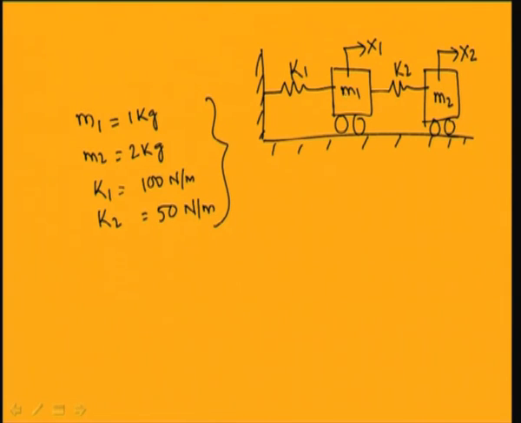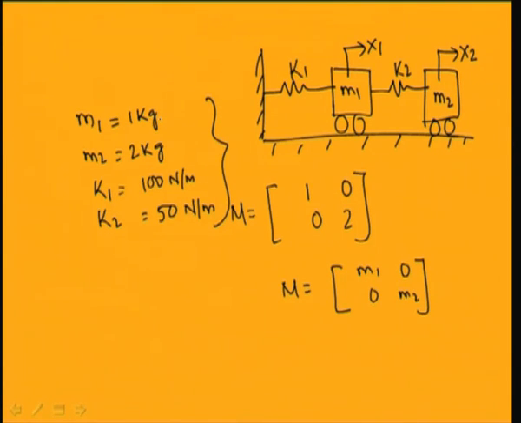So, the mass matrix will be equal to 1 0 0 2. This is the mass matrix M, which is equal to M1 0 0 M2, so by substituting the values, it is 1 0 0 2.